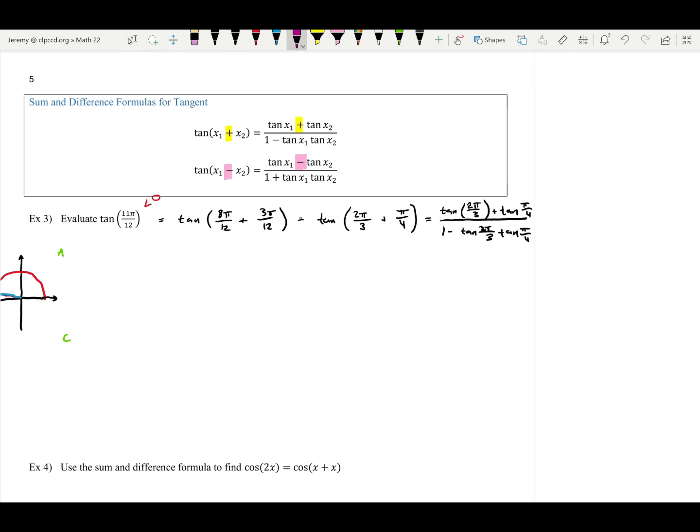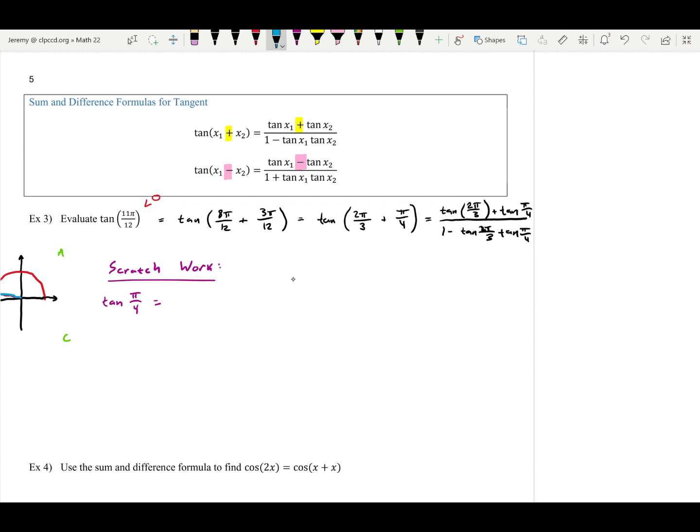So tangent requires a little more work. I might do a little scratch work over here, just to evaluate tangent of pi over 4 and tangent of 2 pi over 3. Let's start with tangent pi over 4. How do we want to evaluate this? We could do the right triangle thing.